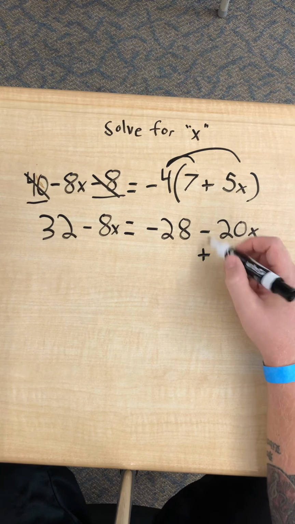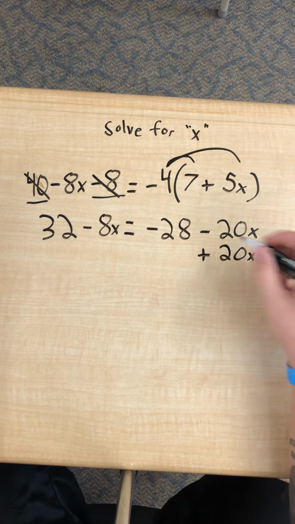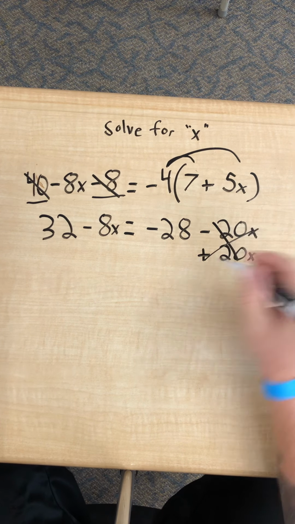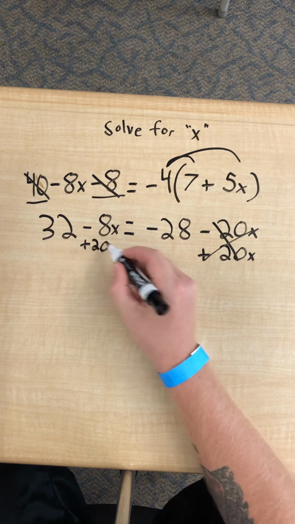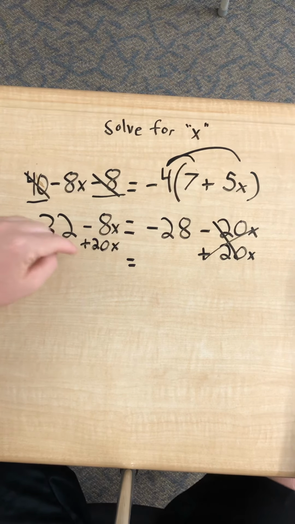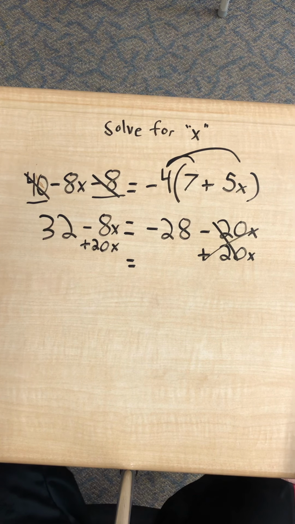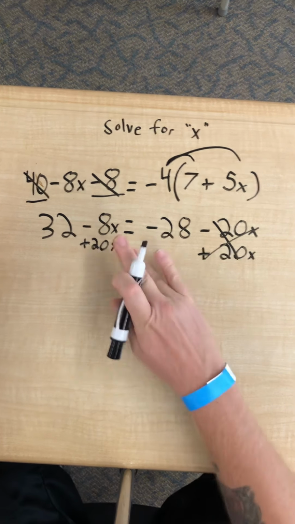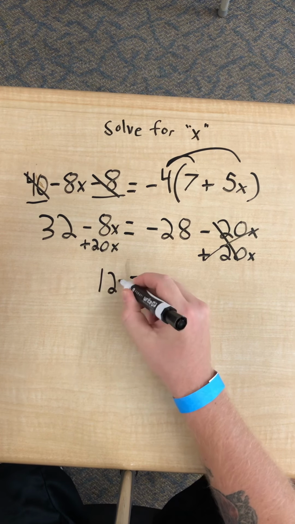So if I do the opposite of that, so if I add 20x, right, cross those out. If I add the 20x right here, plus 20x, here we go, -8 plus 20, which is the same exact thing as 20 minus 8. That would be 12x. So I'm going to drop that down. 12x.